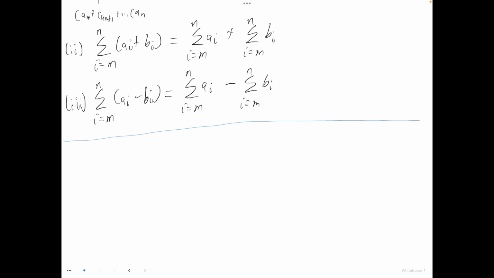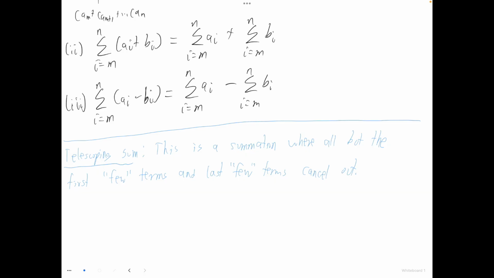So the first type we're going to talk about are what are called telescoping sums. Now what a telescoping sum is, is a summation where all but the first few, and few is a bit of an arbitrary term, but the first few terms and last few terms cancel out.